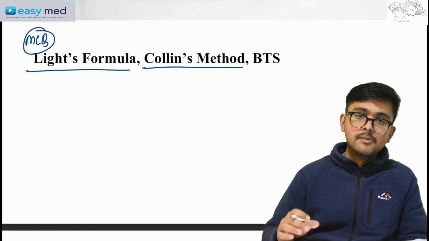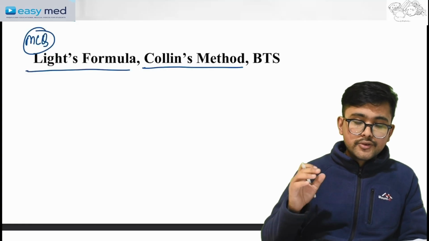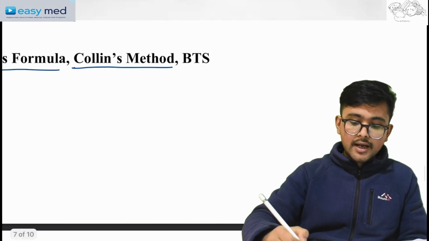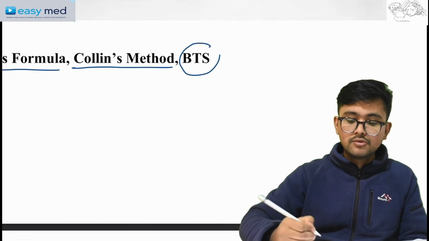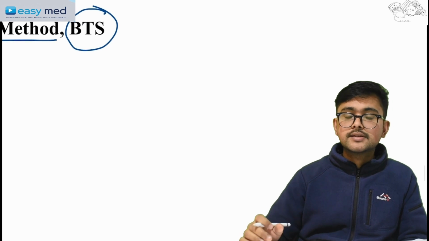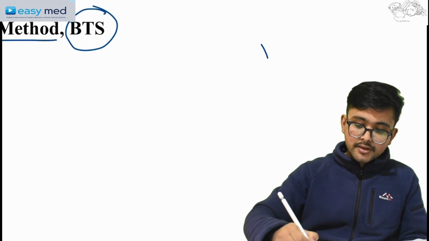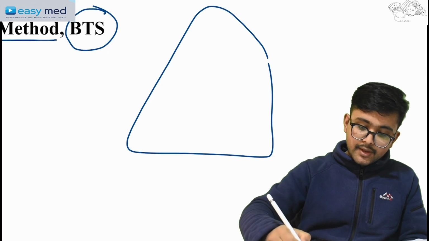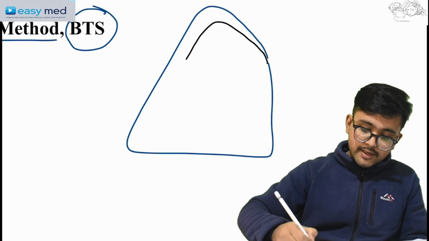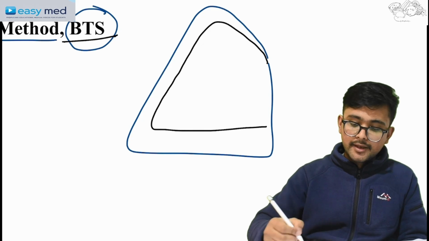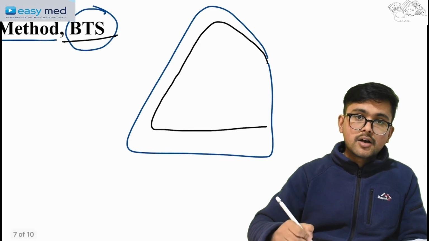So just remember the name. For the purpose of MCQ, you don't have to memorize the formula for your clinical practice or for your exam. I don't think anybody is going to ask you, but what you need to know is what the British Thoracic Society guidelines tell you about the size of pneumothorax. So imagine this, you get a chest X-ray, and there's a pneumothorax and there's collapsed lung. Now, the British Thoracic Society guidelines say that at the level of hilum, and how do you recognize the hilum?